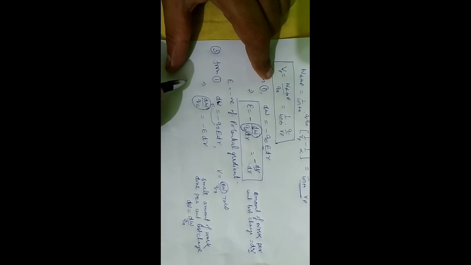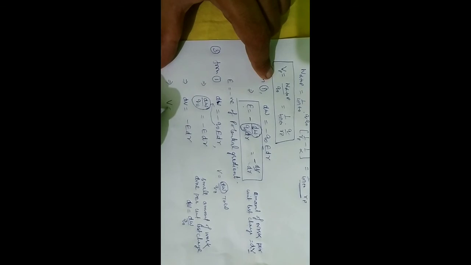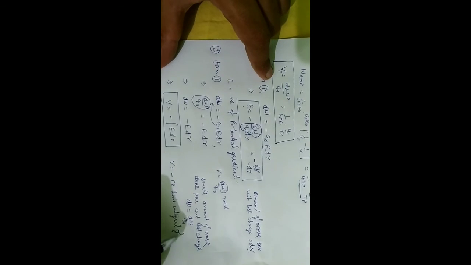We put the value in this relationship, so it becomes dV is equal to minus E dr. If you want to calculate total electric potential, we have to integrate it. So this is your electric potential is equal to negative of line integral of electric field.